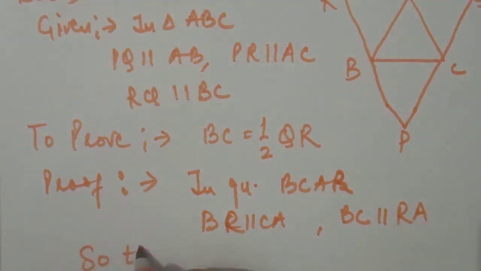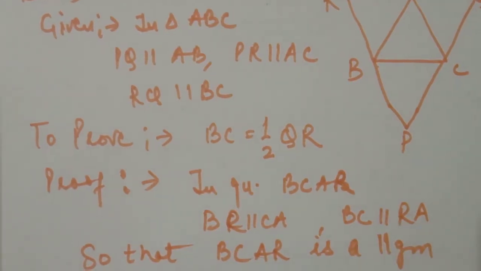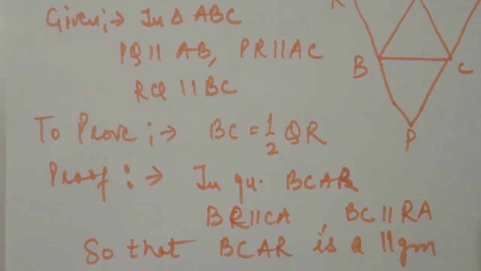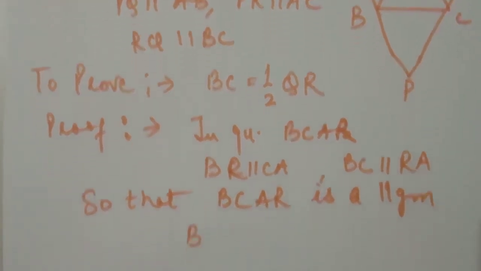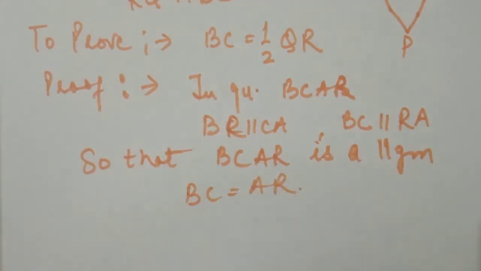So that BCAR is a parallelogram. We know that in a parallelogram, opposite sides are equal and parallel. So students, BC is equal to AR.